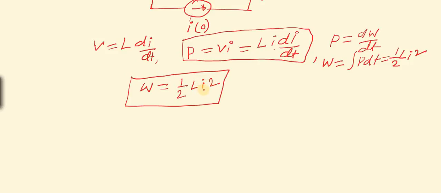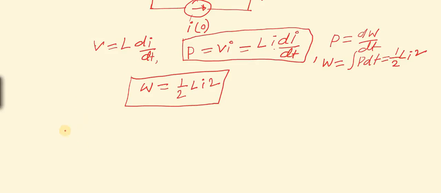Okay. Now we will discuss another aspect of inductance. Inductance also depends upon the relative permeability of any material, and it is inversely proportional to the length of the magnetic path.